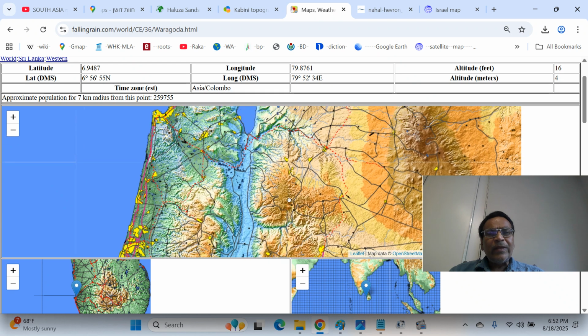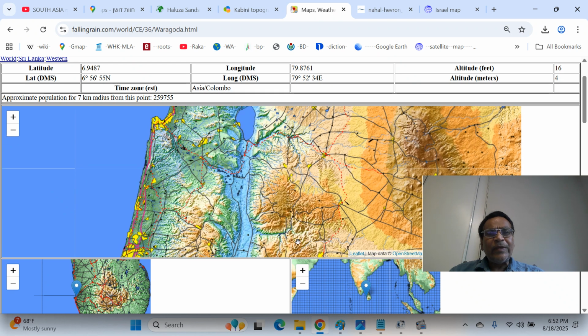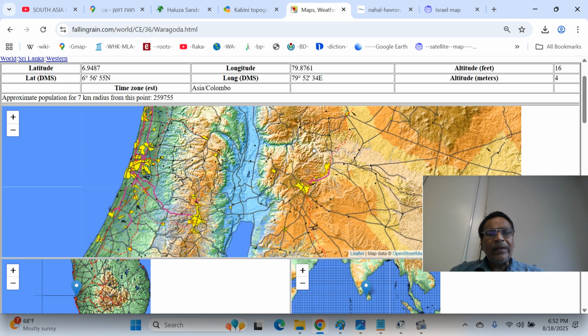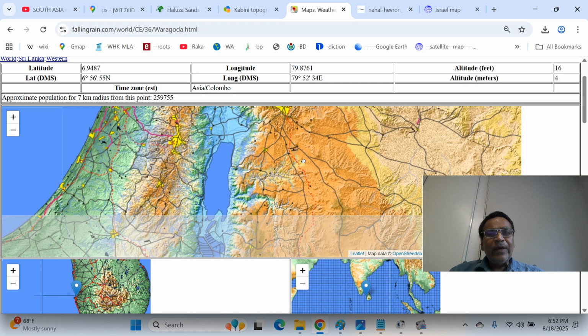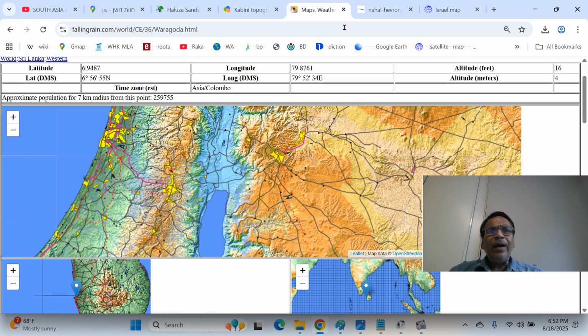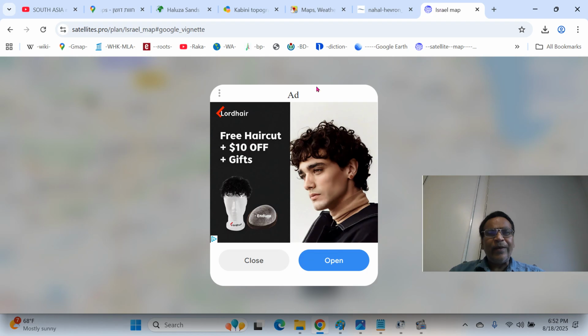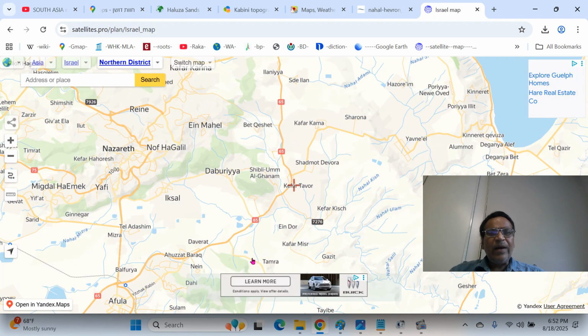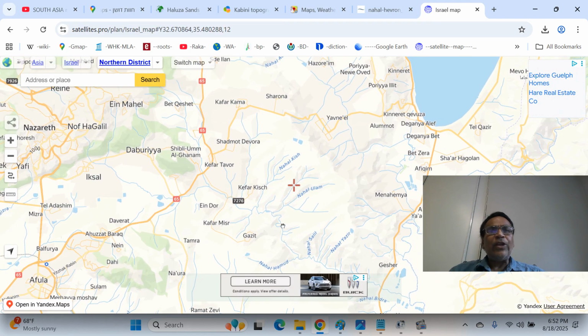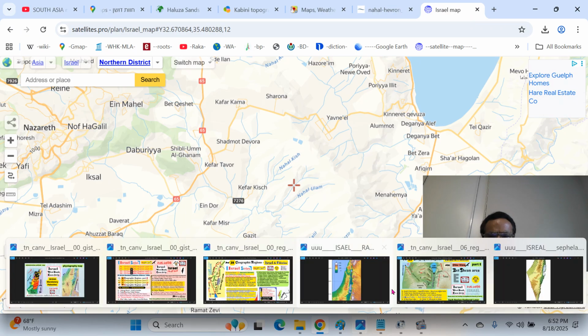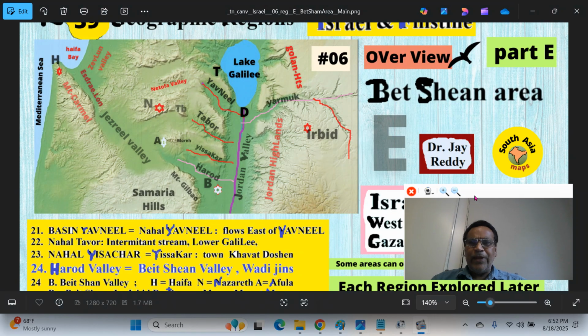Here you can see the different Wadi Muzib and Wadi Hasa here and so on. Wadi, this is the Musa or Moses. This is called in that region, and we will explore them further in other presentations. And hope this will explain this to you.